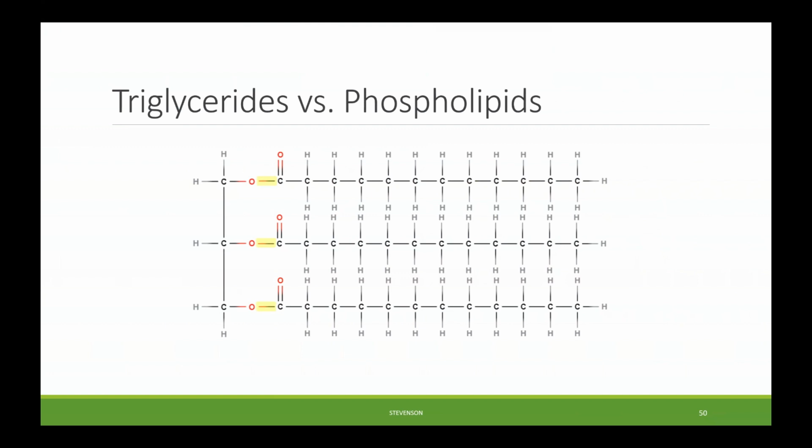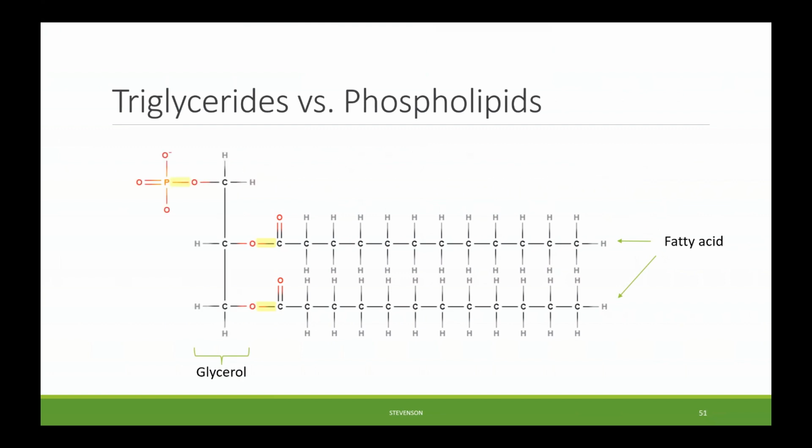So now that we've established why lipids are hydrophobic, we can introduce the variation on the triglyceride that I previously mentioned. So triglycerides have a glycerol molecule bonded to 3 fatty acid chains. But there is another type of lipid called a phospholipid that has a similar structure, save for one feature.